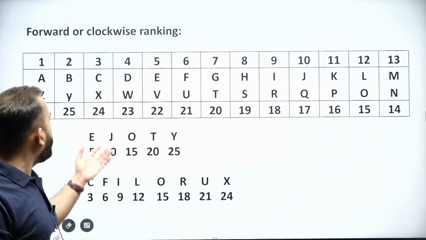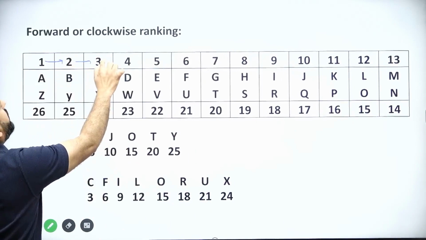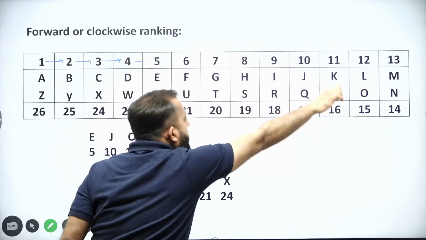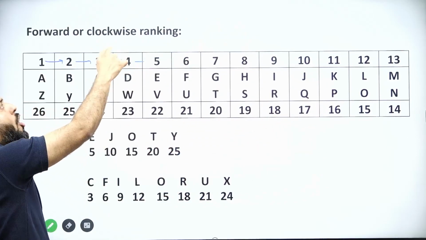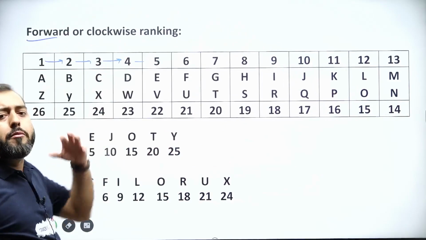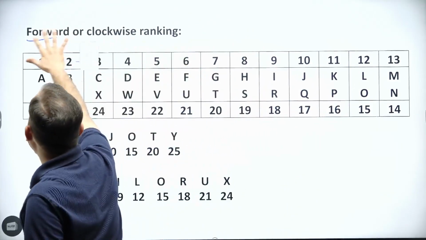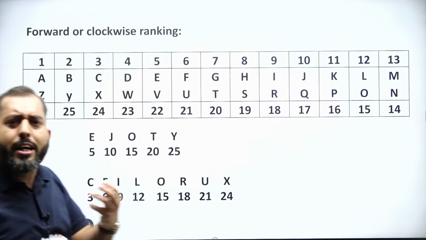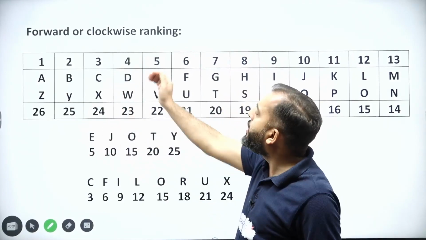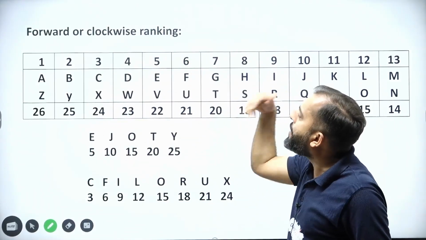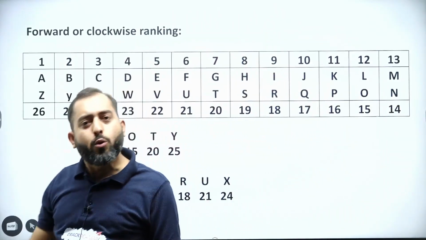Now, if we try to count their rank in the clockwise or forward direction, then obviously A will come at first position, B at second, C will be third, D will be 4, E will be 5, F will be 6, and so on. And in this way, Z comes out to be 26.